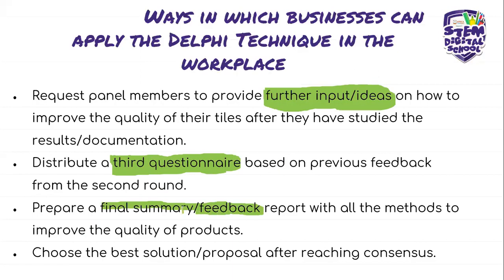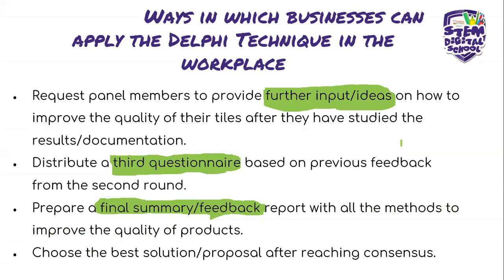You'll see when we do questions, the application of Delphi. For now, it's just theory. So you must prepare a final summary of the feedback report with all the methods to improve the quality of the product. So basically in that final report, you must have what? You must have your first questionnaire, second questionnaire.